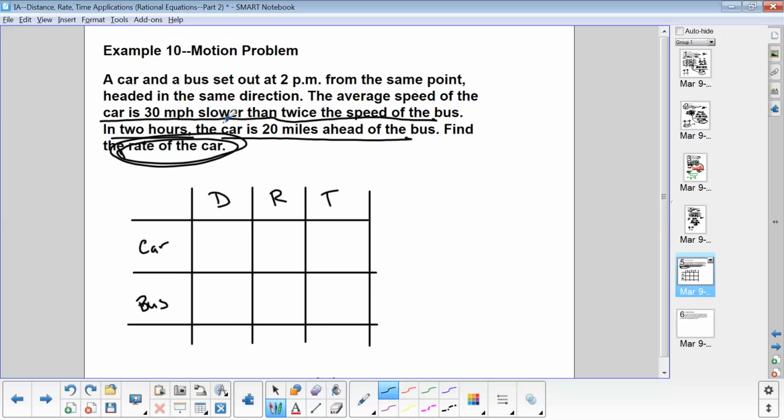So the average speed of the car is 30 miles an hour slower than twice the speed of the bus. So R is going to represent the speed of the bus. The car is 30 miles an hour slower than twice the speed of the bus, and they both were traveling for 2 hours. And after 2 hours, the car is 20 miles ahead of the bus.